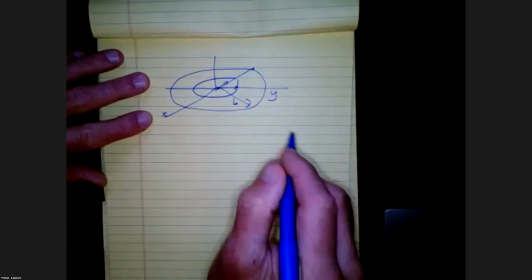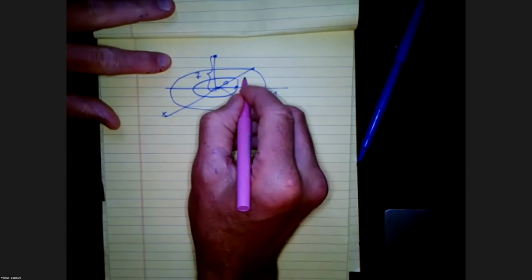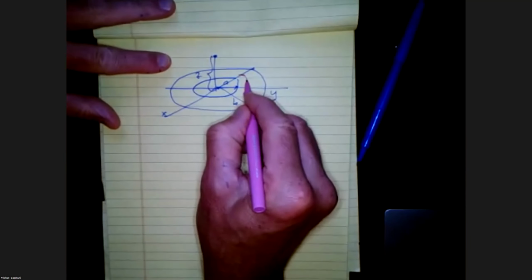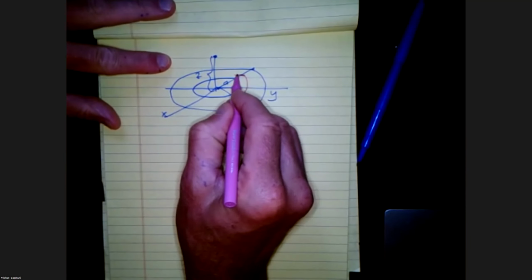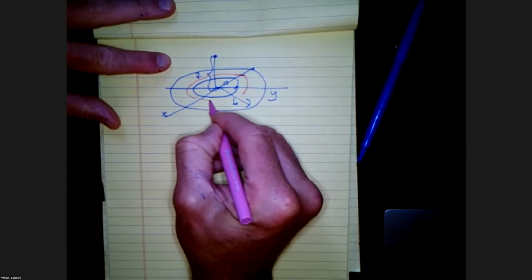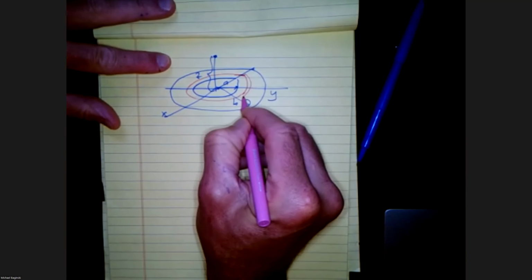I'm at a height Z, whatever Z is. And now if I have a little thin slice right here.